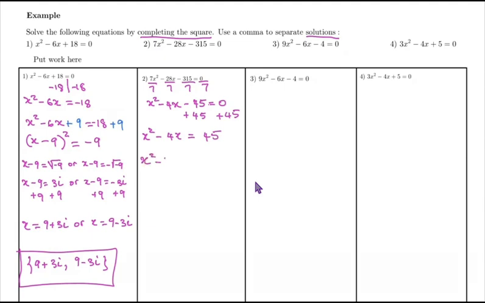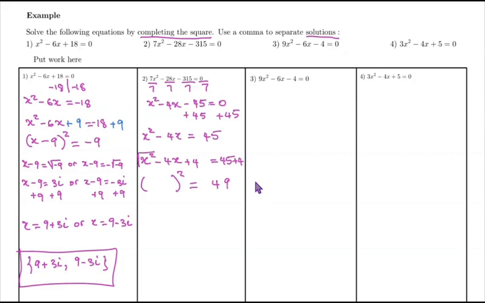x squared minus 4x equals 45. Now, what do we add here that completes the square is going to be 4 divided by 2 squared, which is plus 4. And then we add 4 also on the other side. So we can write the perfect square here, and that's going to be 49.